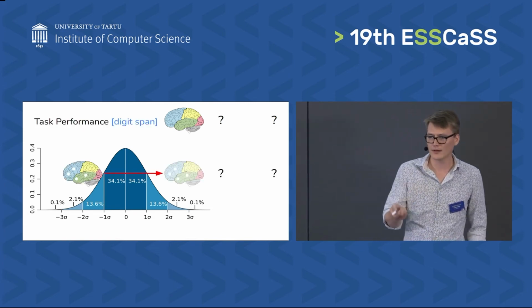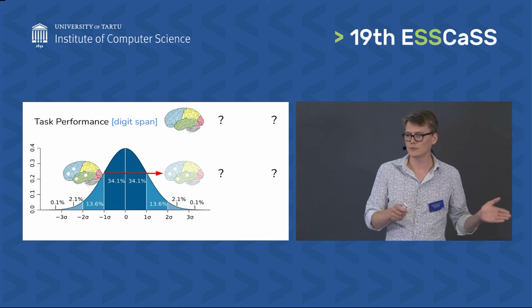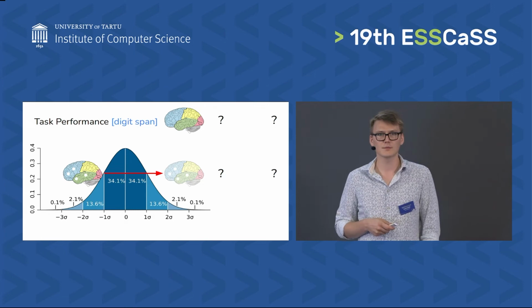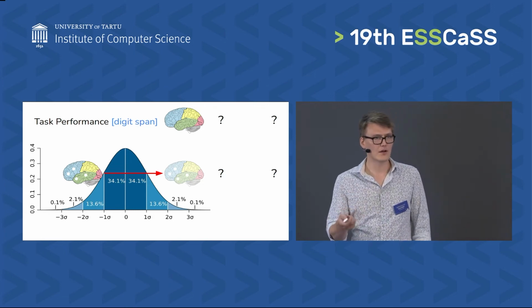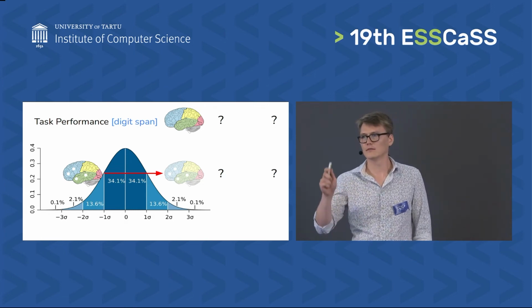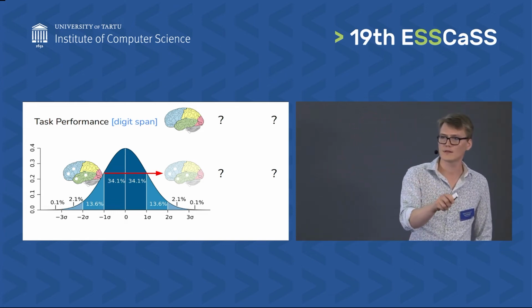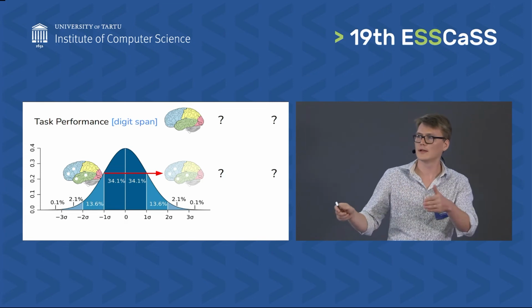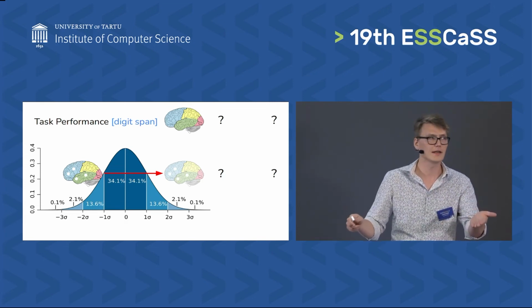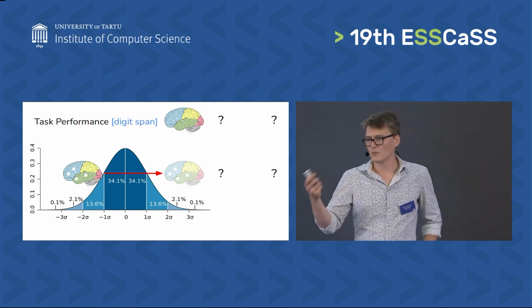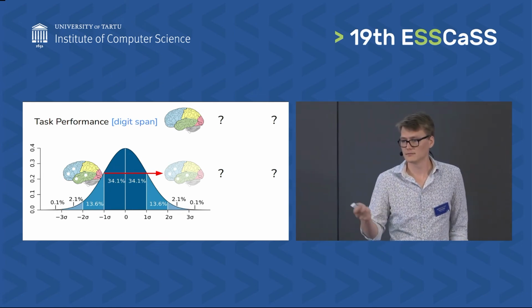And now that I ask a question, what can you do to improve your task performance in a digit span task, for example? A digit span task is where you're given one digit a second to memorize. And if you manage to do like 7 digits in a row, your digit span is 7. If you manage to do 8, then it's 8. An average person can do 7, right?